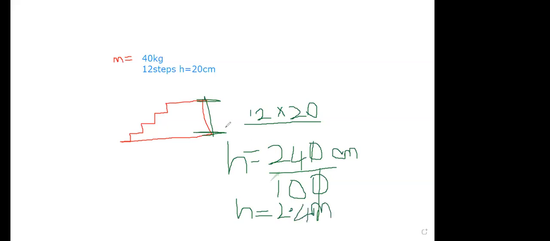Now, these 2.4 meters is the distance that you are going to move from down to up. Remember, they asked us for work done.